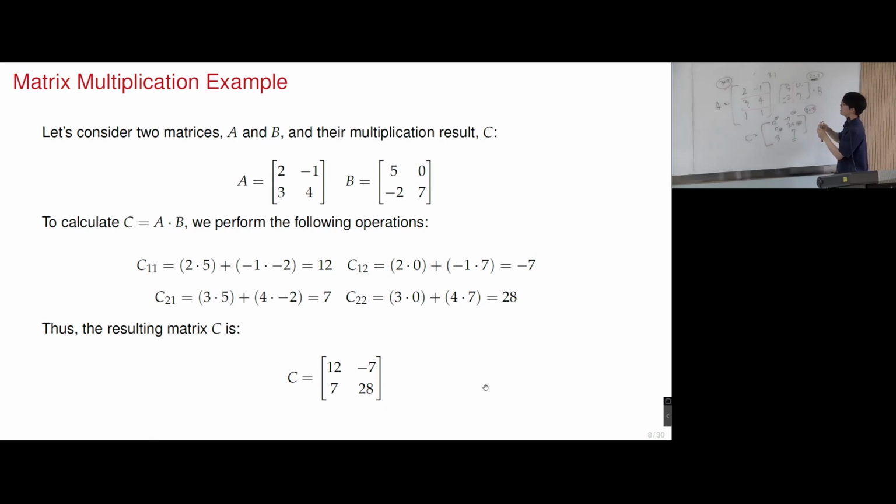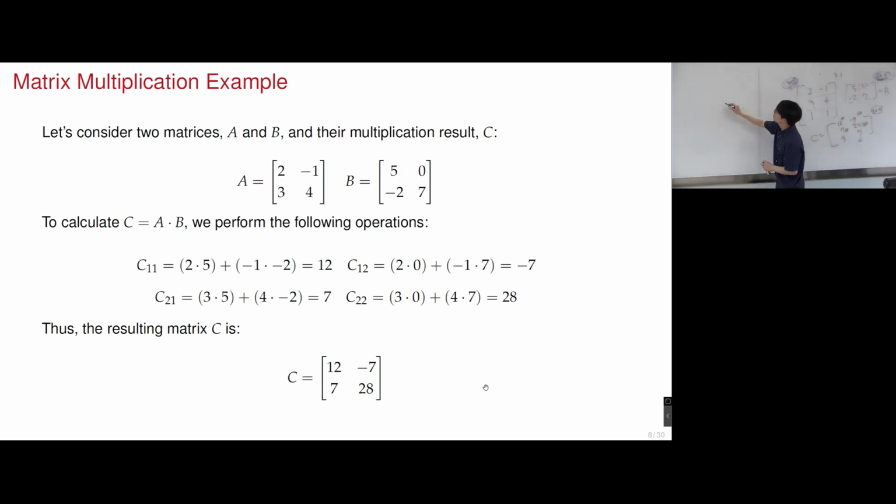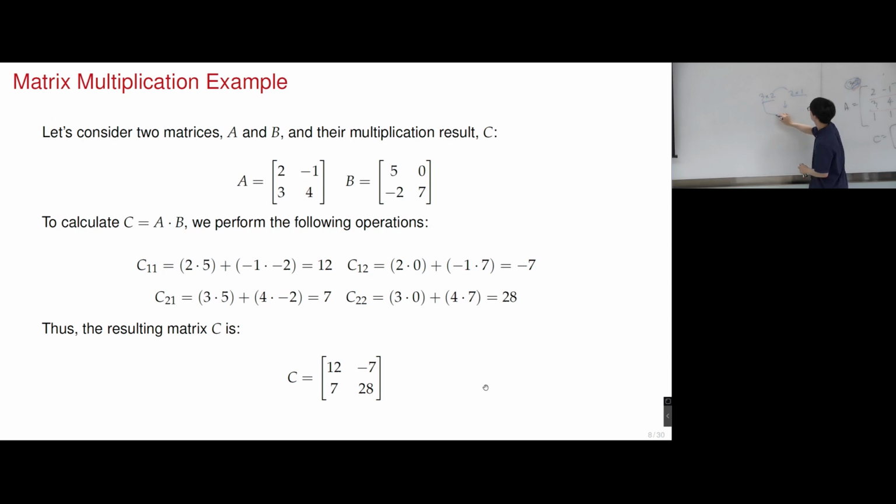And what we can see is that actually we're kind of merging them. 3 by 2, 2 by 2. So we're merging this part, and we're only left with this 3 and 2. So later I'm going to tell you, if you multiply a 3 by 2 matrix, for example, with a 2 by 1 matrix, you're going to get a 3 by 1 matrix.